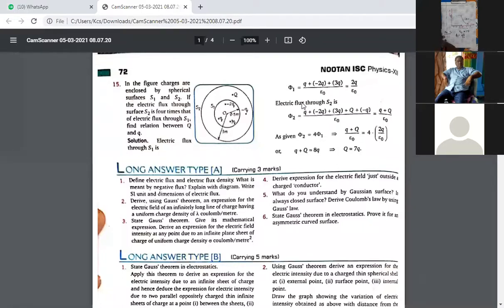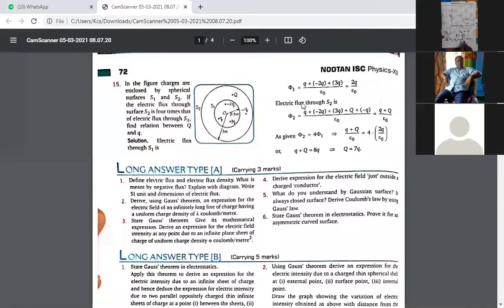Now see here for surface S2, how much charge is enclosed? तो अगर surface S2 में देखें तो 2Q तो है ही, साथ में बाहर -Q है और प्लस कैपिटल Q भी है. So Q in will be 2Q जो पहले से था, then -Q plus Q. Is it clear?